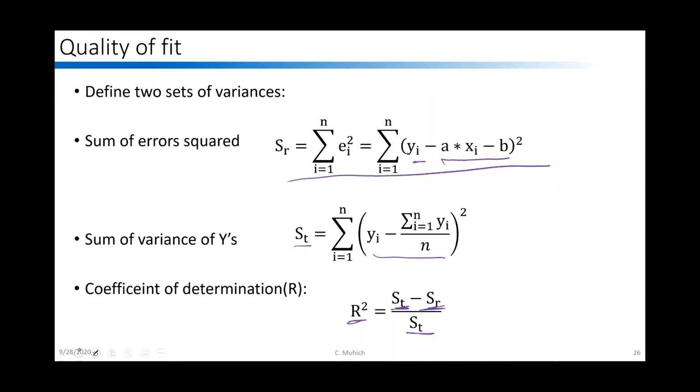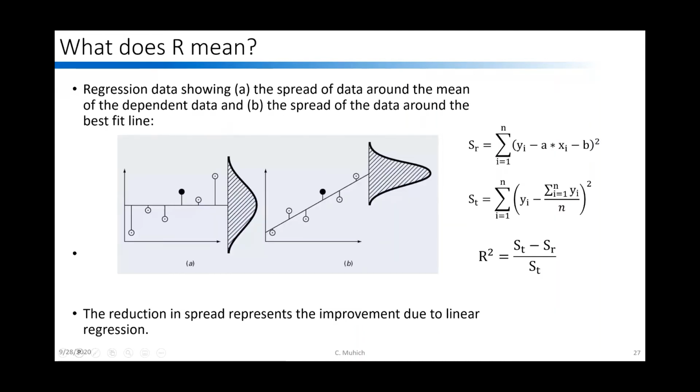Put another way, what we're really asking with r squared is how much variance is removed by fitting a line. Right? So before I fit a line, if I just take that average value, how much variation do I have? So that's, remember, S_t. And each of these pieces can be considered an error if I just take that mean.